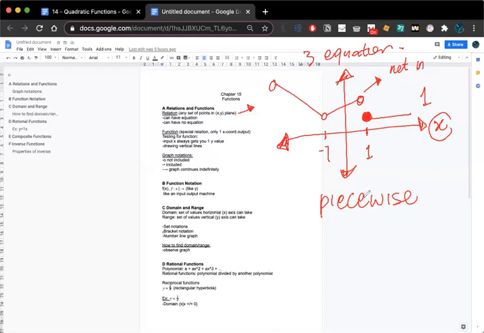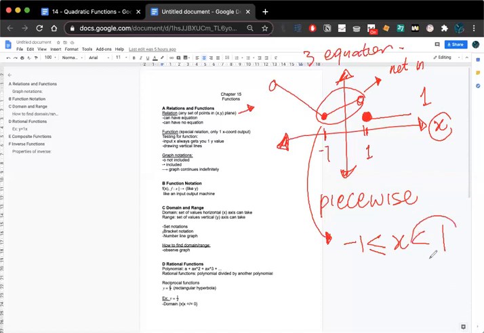Or in other words, the x values would be written as -1 < x < 1.